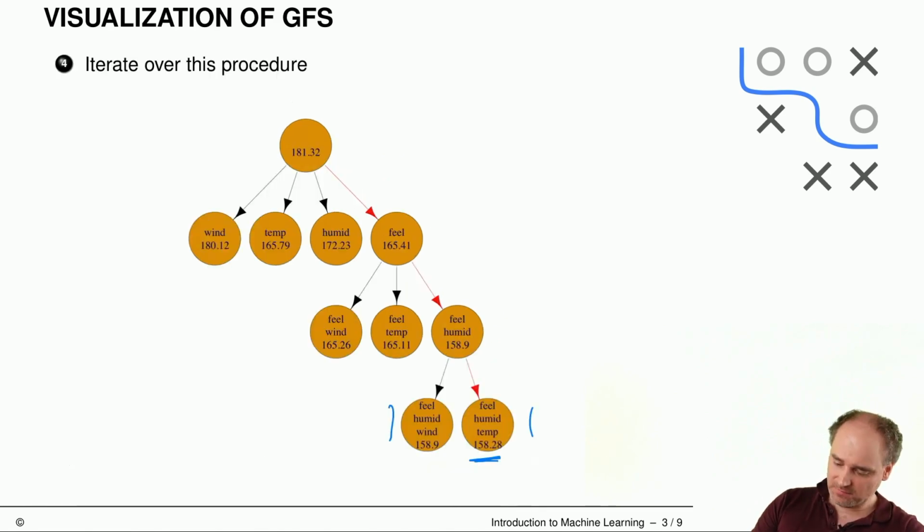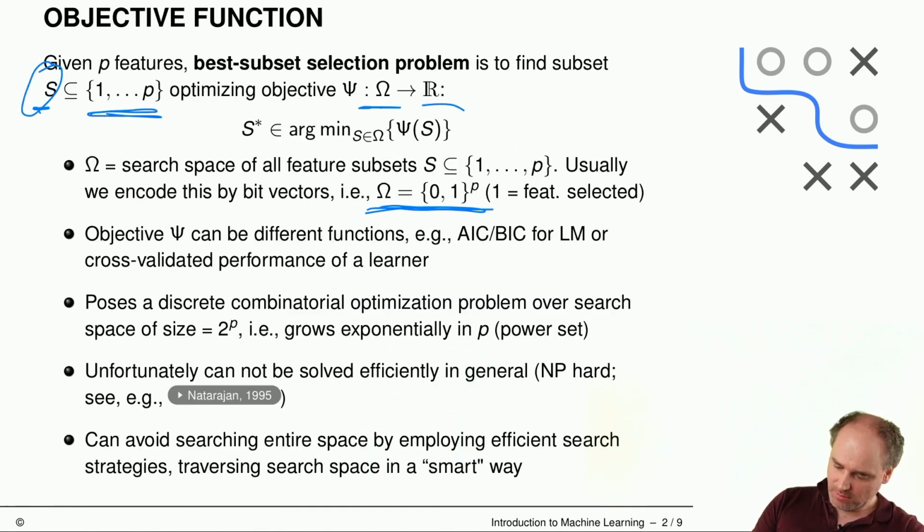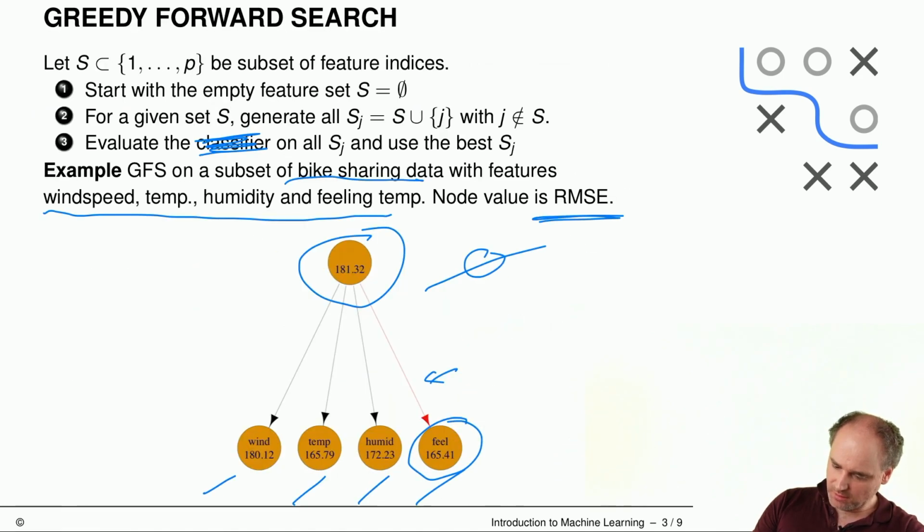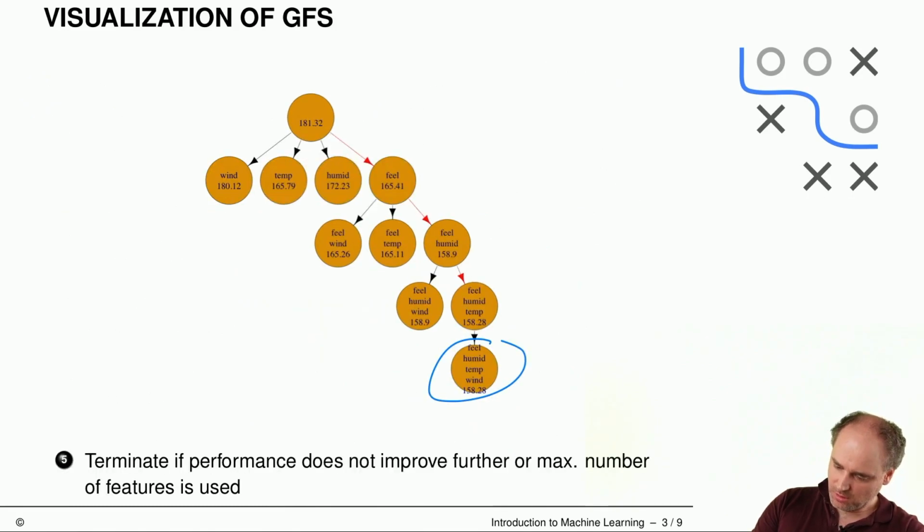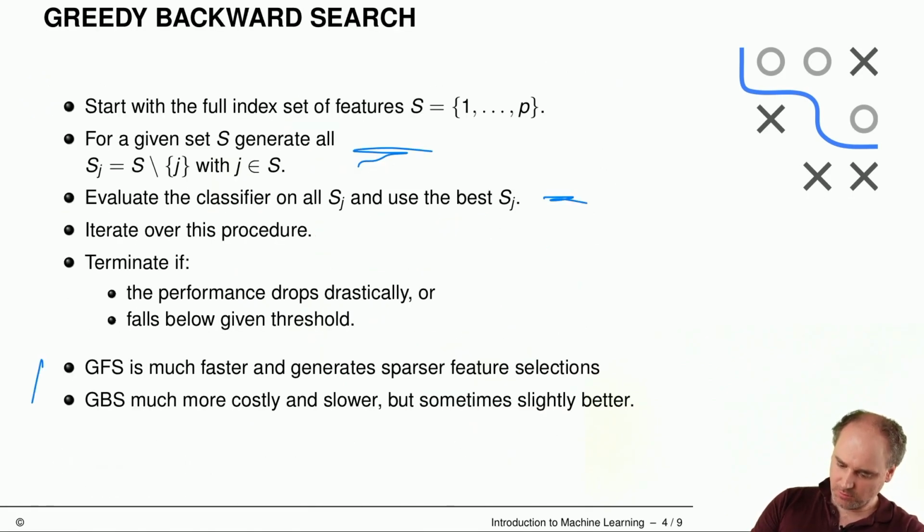On the other hand, we could also think a little bit about, are they really the same speed? Is there really no difference? Well, there is one, and that is if you also have to think about how much you have to invest to train your ML model. If you run forward search, your first model is going to use the empty set, so you don't have to train your model a lot.